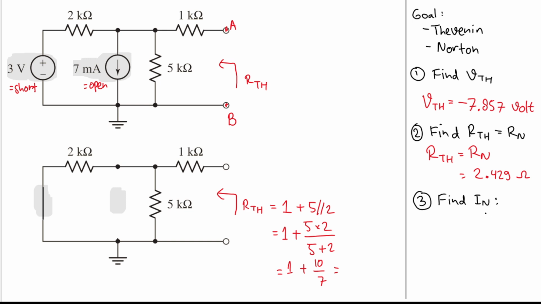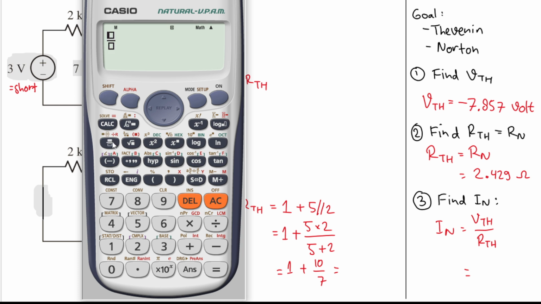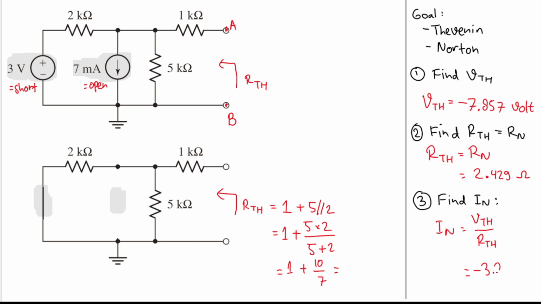So what is IN? IN is just VTH divided by RTH, and the value will be, okay, let's use calculator to do that, minus 7.857 divided by RTH, which is 2.429, and that will be minus 3.235, and the unit here will be in ampere.